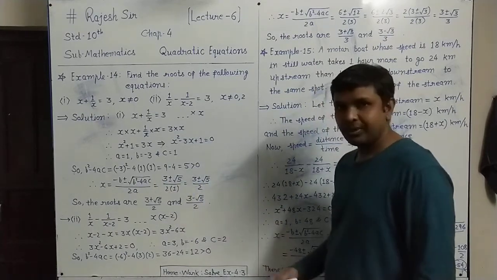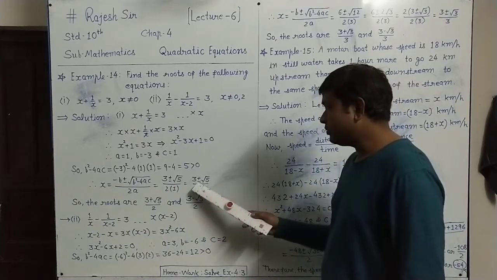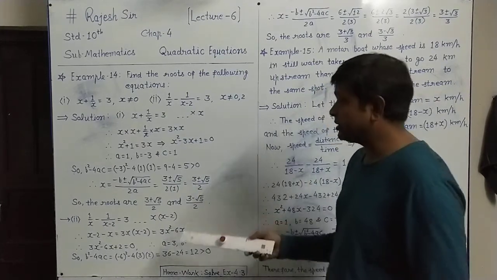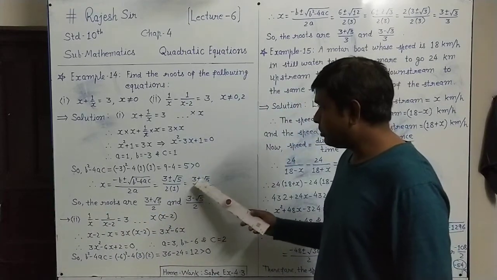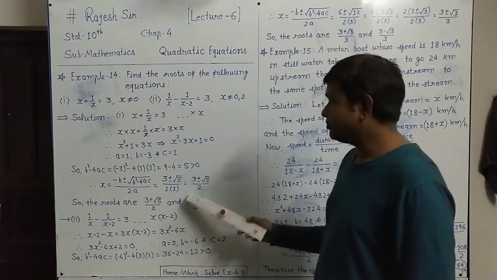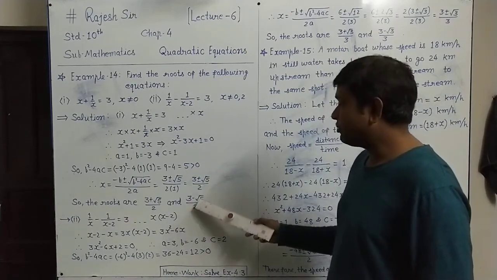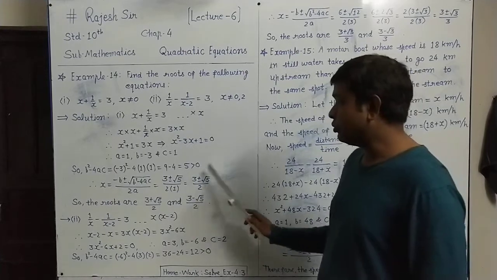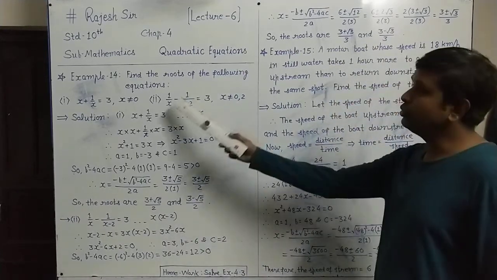This expression has two roots, one with plus and one with minus, so we separate it. The roots are 3 plus root 5 upon 2, and 3 minus root 5 upon 2. This way it has two roots by the quadratic formula. So we found the roots of the first equation.